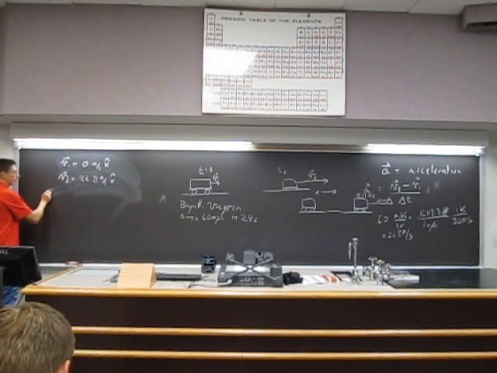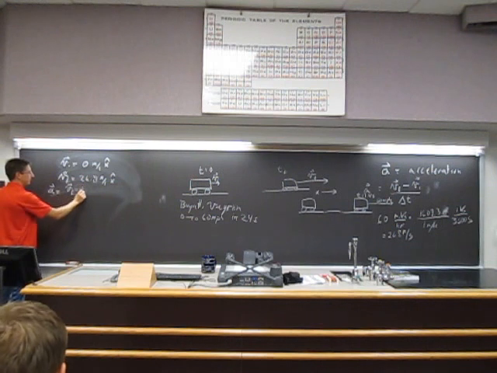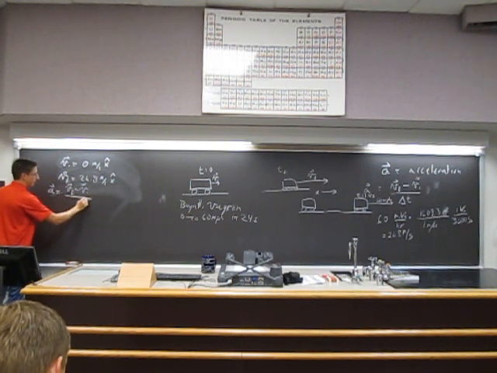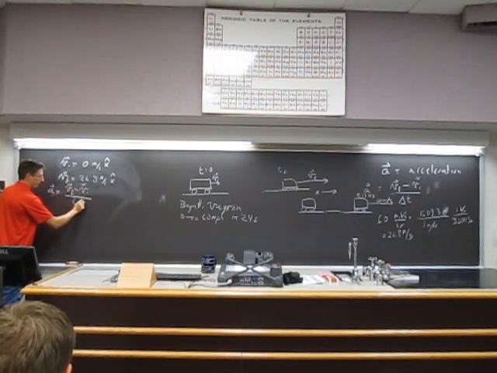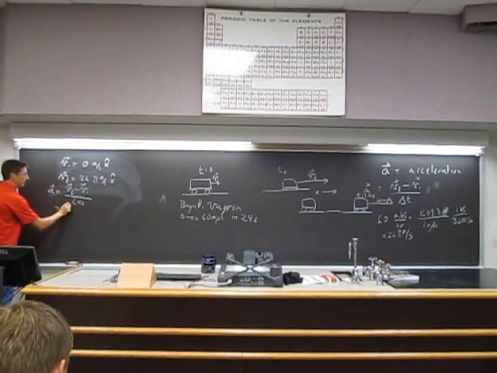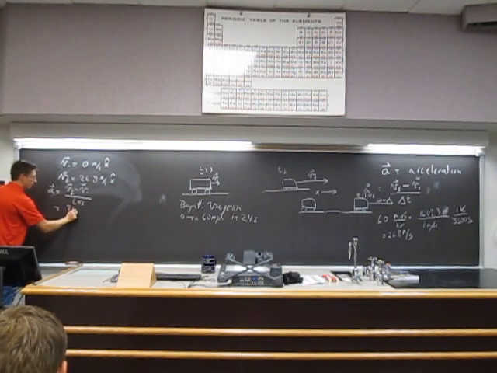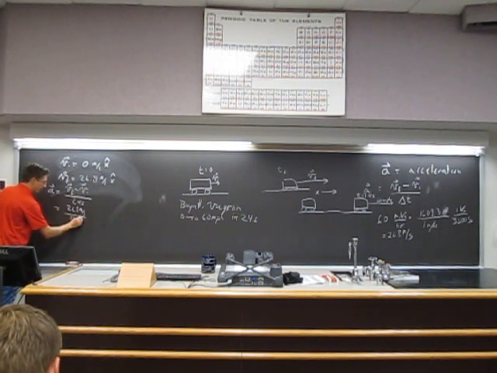And so the acceleration would be v final minus v initial divided by the time it took, which would be 2.4 seconds. So if I plug that in, I would get 26.8 meters per second divided by 2.4 seconds x-hat.